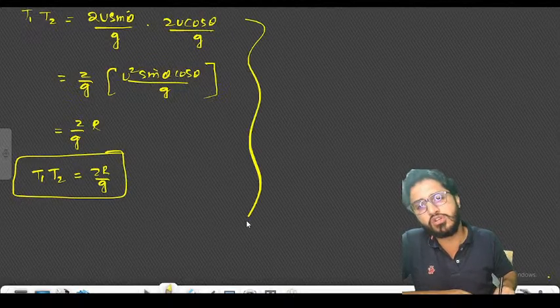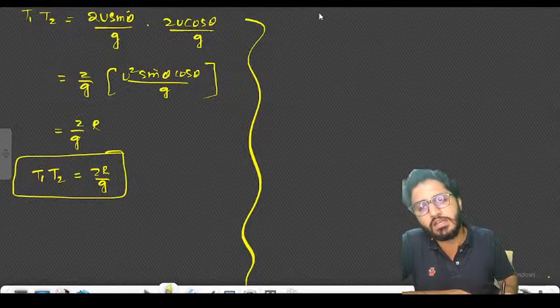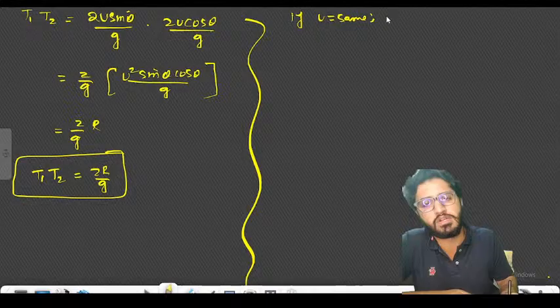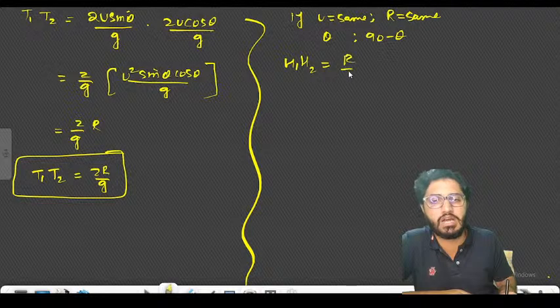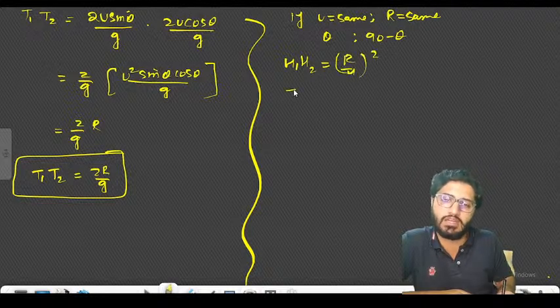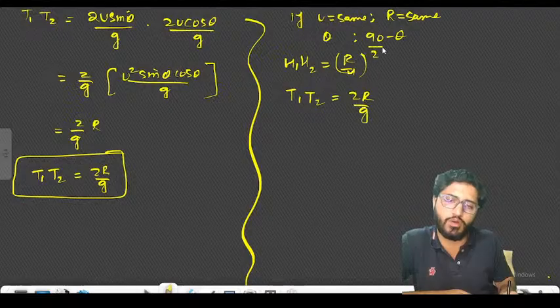So what do you need to note down in a copy? If u is same, if R is same, and one is theta, next one is 90 minus theta, then h1 multiplied with h2 came out to be R by 4 whole square, and T1 T2 will be 2R by g. These two points you need to note down, right?